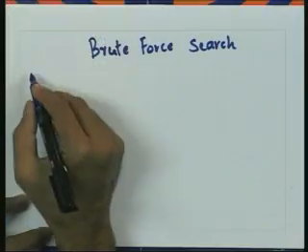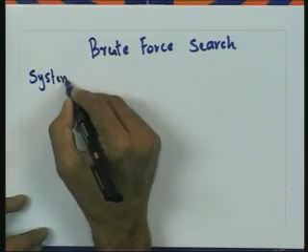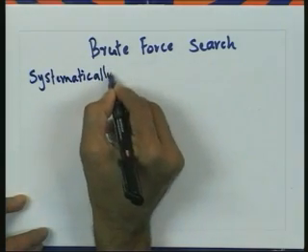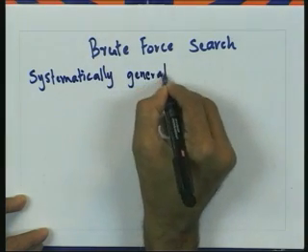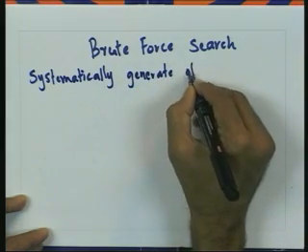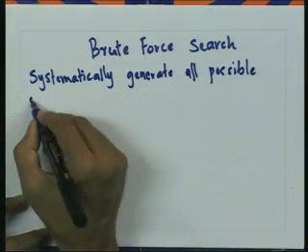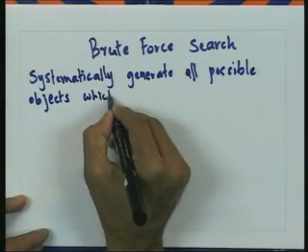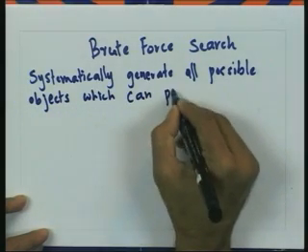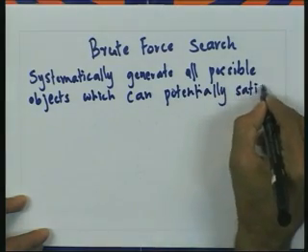So the basic idea, as you might guess, or as the name suggests, is to systematically somehow enumerate or generate all possible objects which can potentially satisfy the constraints.